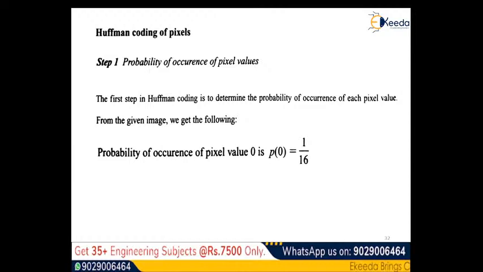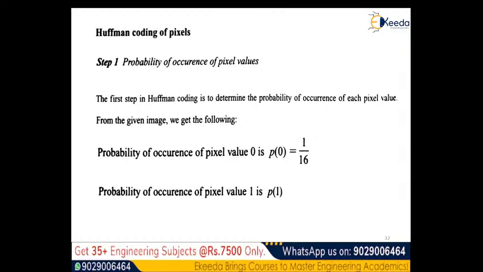Now similarly we compute the probability of occurrence of the pixel value 1, denoted by P of 1, and as you see there are only 2 times the 1. We write the ratio 2 by 16 as the probability of occurrence of the pixel value 1.